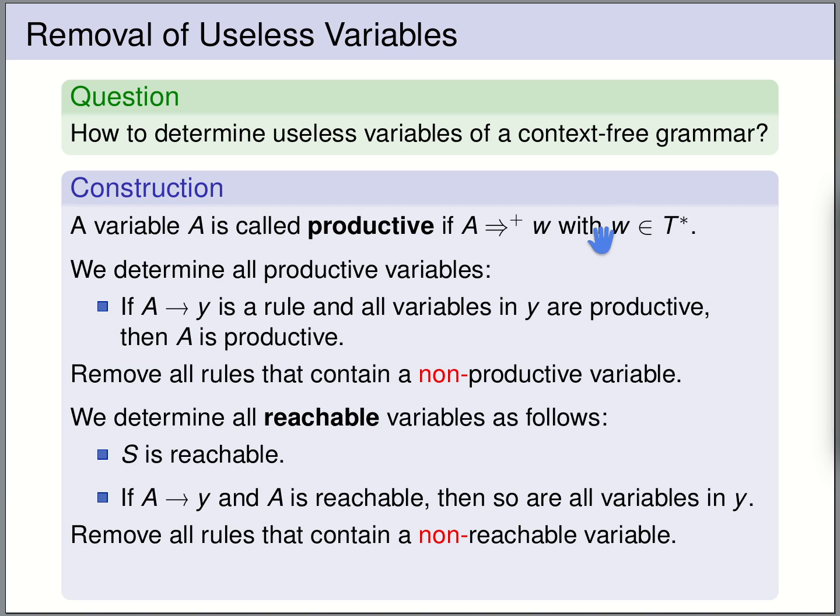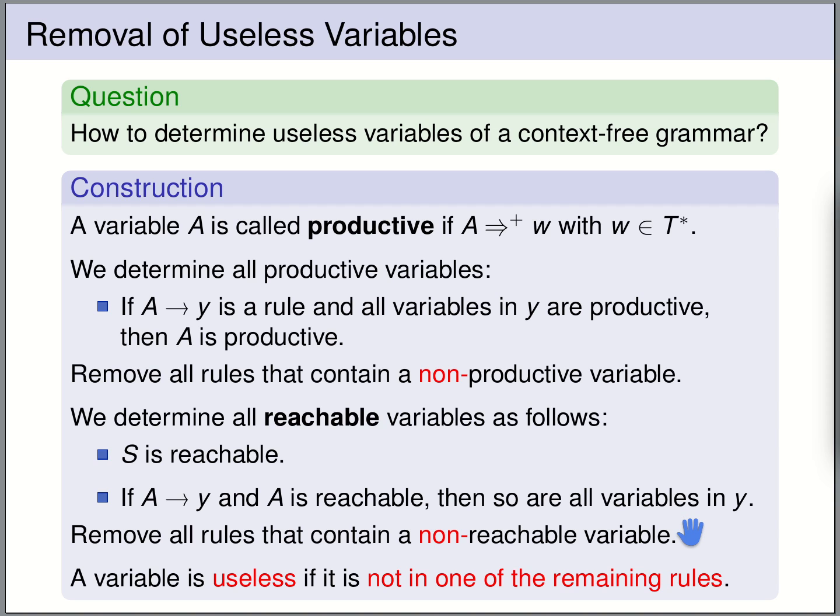Now, after having dropped all the non-productive variables and all the non-reachable variables, what remains are the useful variables. So a variable is useless if it's not in one of the remaining rules. So all variables of the original grammar that are not in one of the remaining rules are useless.